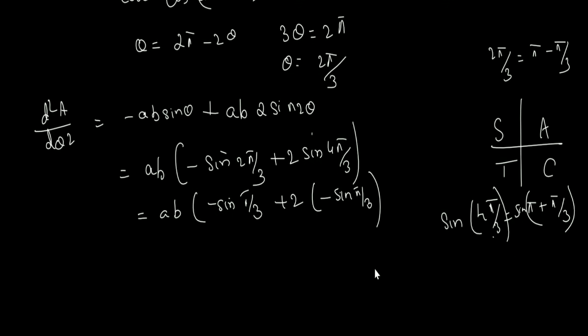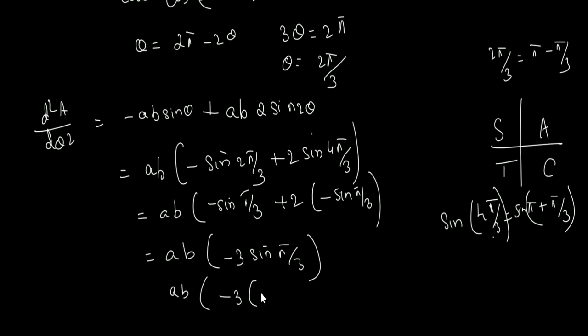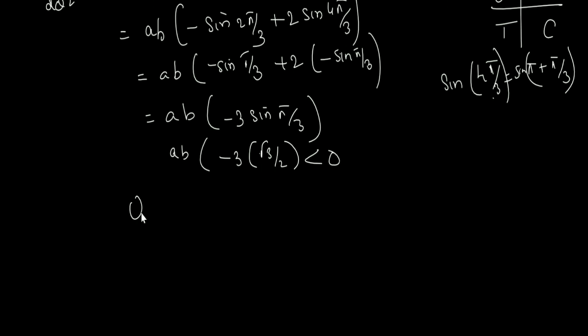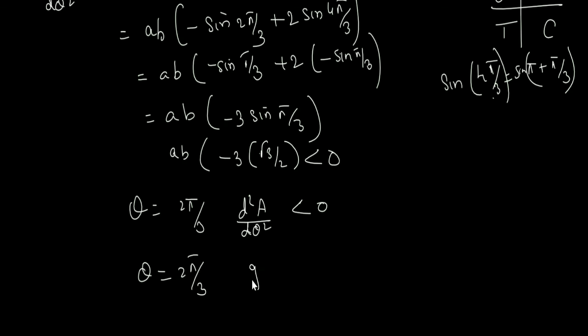So that is equal to AB times minus 3 times sin pi by 3. Substituting sin 60 is root 3 by 2, it is negative. That means when theta is 2 pi by 3, d square A by d theta square is less than 0. So theta equal to 2 pi by 3 gives maximum area.